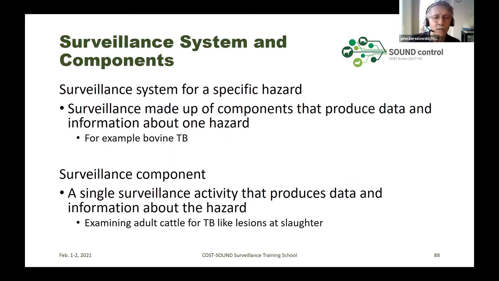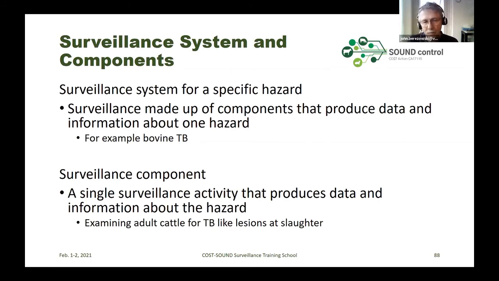So we haven't really talked about multi-component surveillance, but most surveillance is done as systems where we might look for a specific hazard, but we use many, many different components for that surveillance system. The example that some people talked about was tuberculosis surveillance. We look for lesions in the slaughter plant.